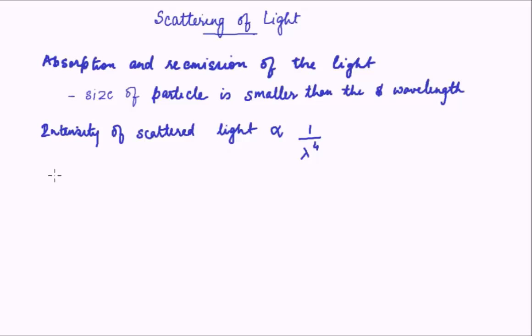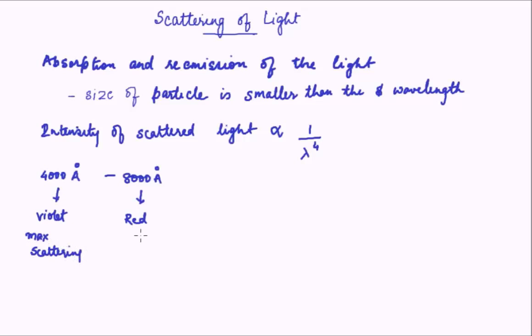What does this mean? This means that the larger the wavelength, the less is the scattering, and the smaller the wavelength, the more is the scattering. Now we know that the range of visible light is from 4000 angstrom to 8000 angstrom. 4000 angstrom is violet, 8000 angstrom is red.